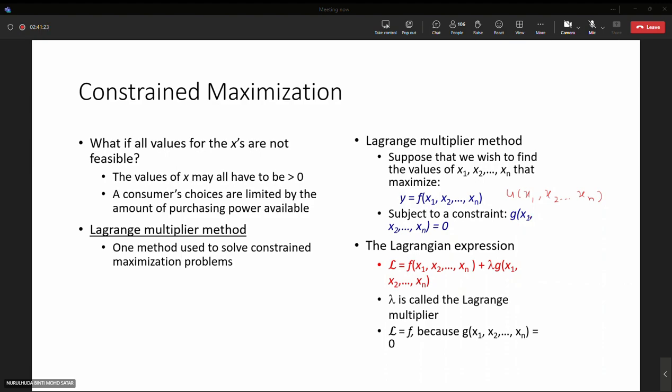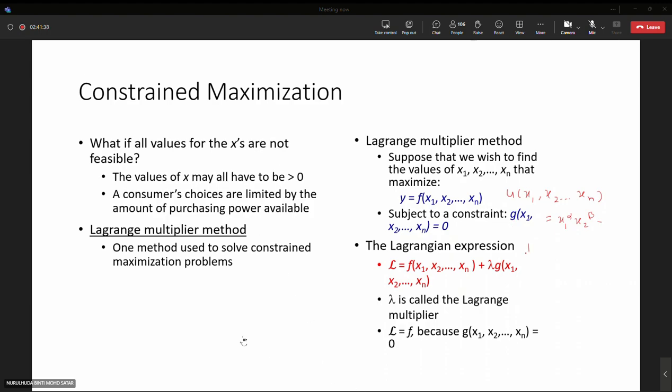If we're talking about a specific form, for example, the easiest one is x1 to the power alpha, x2 to the power beta, and so on, right? And then we have the budget constraint.